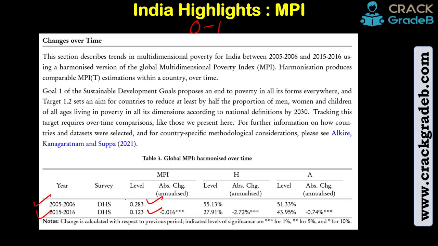If you see, we were at 0.283 and now we are at 0.123, means we are more closer to 0. That is important, right? So we are again close to achieve some of the indicators for the Agenda 2030 as well.